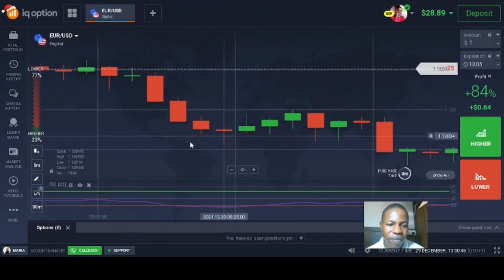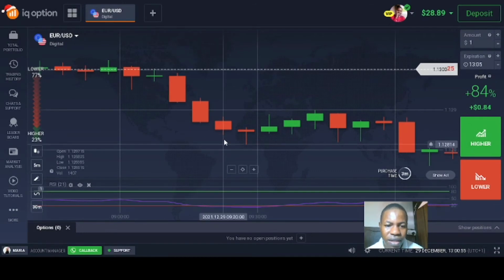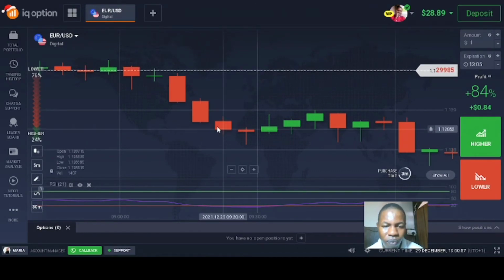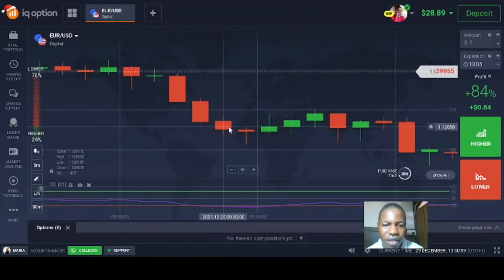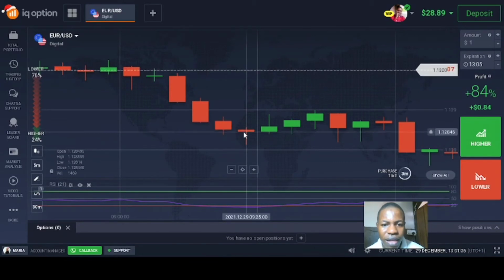Like in this case, it touches the oversold line, and then the next candle, let's say from here you enter the market. So for the call for this candle, and now this candle did not reverse, it's still red, so we will lose $1 in this case. We'll try again for this, and then we lose it again.